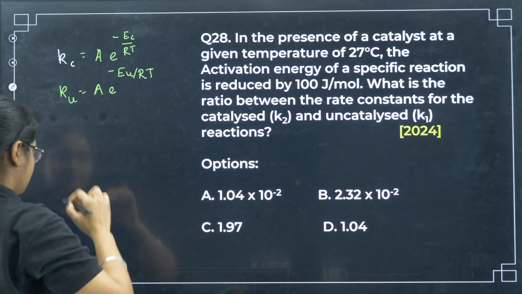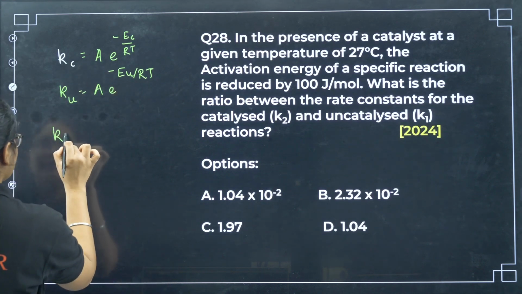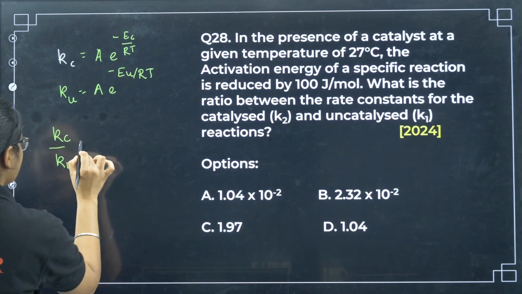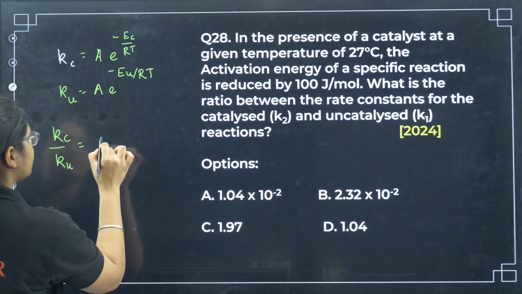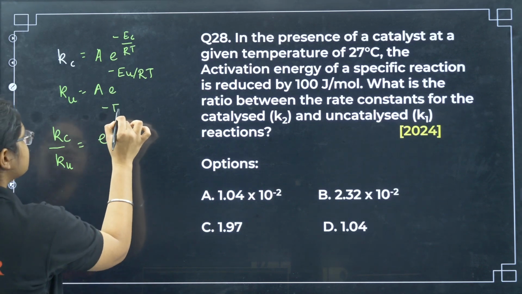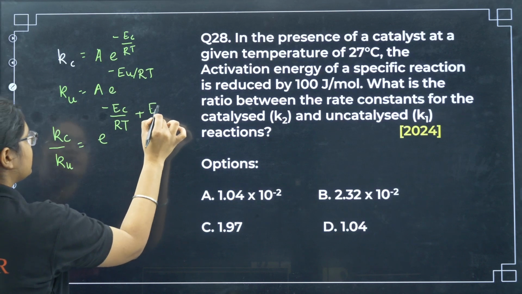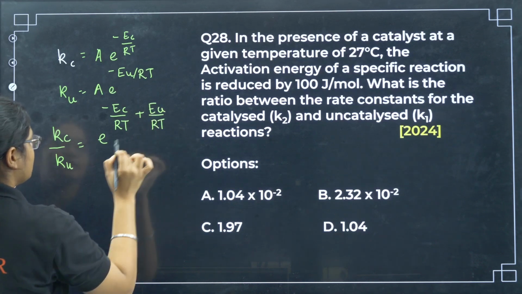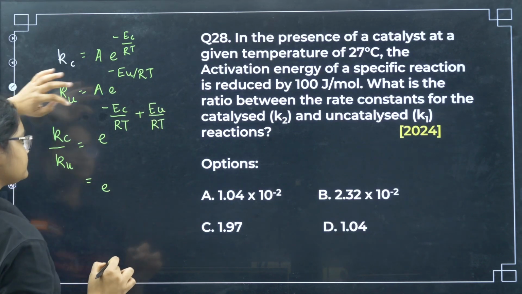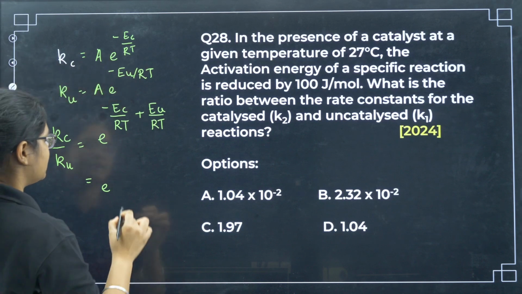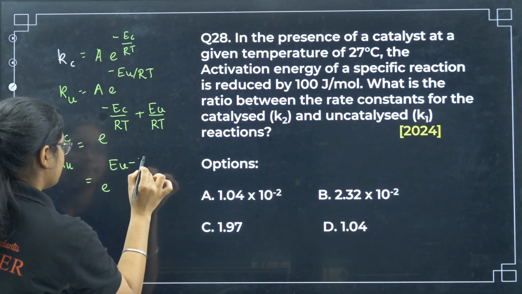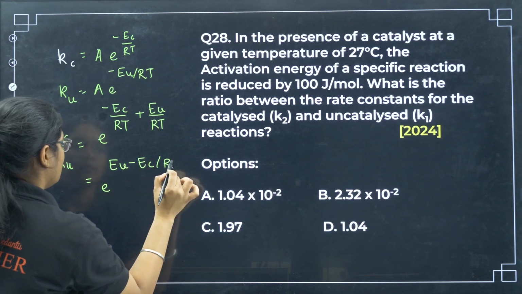Now if I divide both of them, catalyzed by uncatalyzed, A will get cancelled. Next I have e to the power of minus EC by RT plus EU by RT. Then I can take EU minus EC by RT, right?